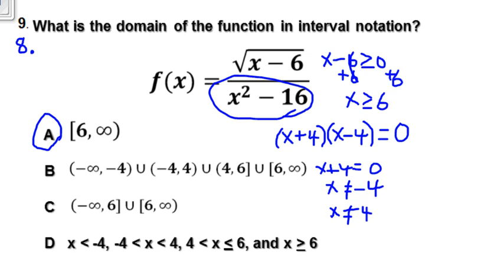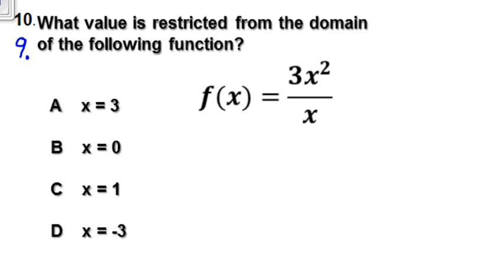So let's go on here to our next problem, 10. What value is restricted from the domain of the following function? Well, again, the function is undefined where x equals 0, because that would make this denominator 0, and that should have been quite an easy problem.